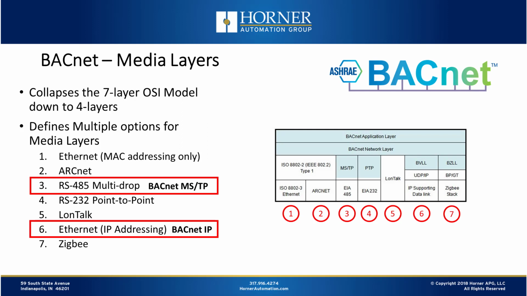It's a lot more difficult to configure. There's certainly a lot more parameters to adjust potentially. And so I think most new installations certainly are going the way of BACnet IP. And legacy applications where maybe they don't have the Ethernet infrastructure, you'll still find a lot of BACnet MSTP out there.